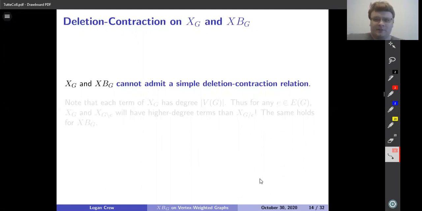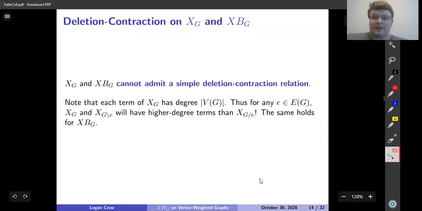But xg and xb of g, although they're more general, don't really admit this. Why is that the case? Because every term has a total x degree that's equal to the number of vertices. So for every edge, xg and xg delete e have v of g total degree, but the contraction has 1 less vertex. Those monomials have total degree v of g minus 1.